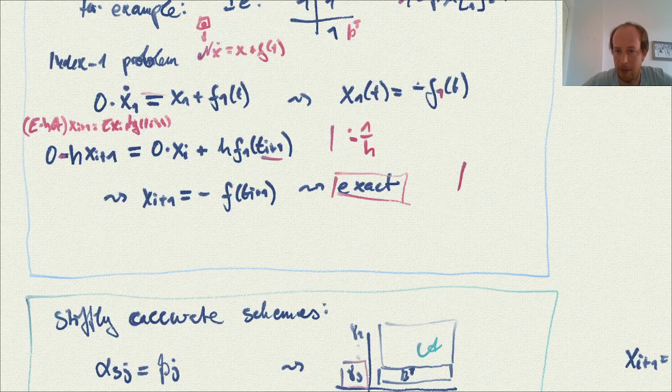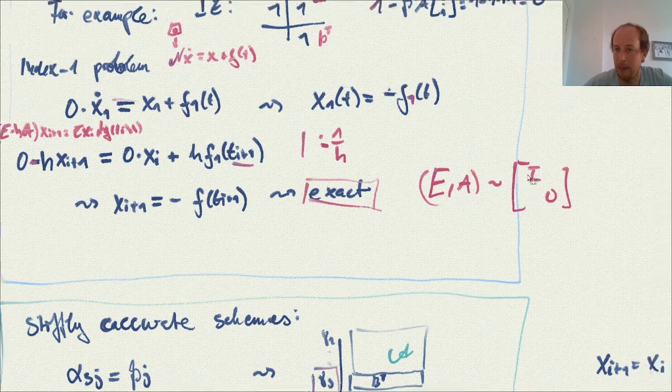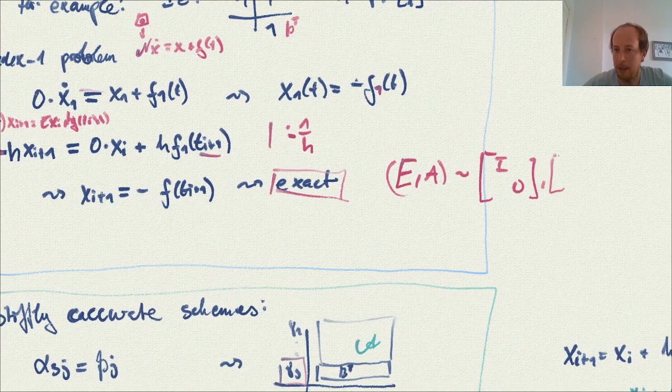And okay, maybe at this point of time, typically we have E A to be in this Jordan form. It will be like this. So this will be index 1. And here we have to change here the identity. And this of course only means that this part here is exactly integrated. But this part still is an ODE which has to be integrated.